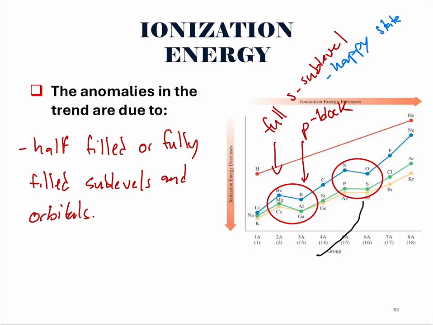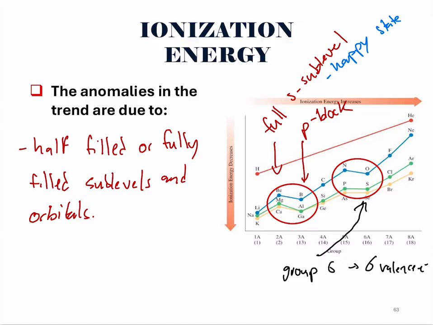These elements, oxygen, sulfur, and what is that, selenium, right? Those are in group 6, which means they have how many valence electrons? 6 valence electrons, right?